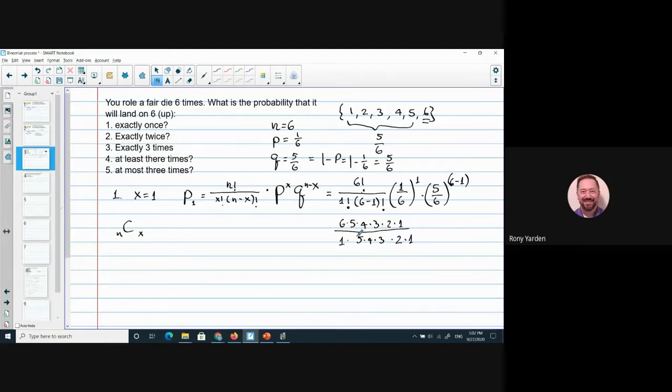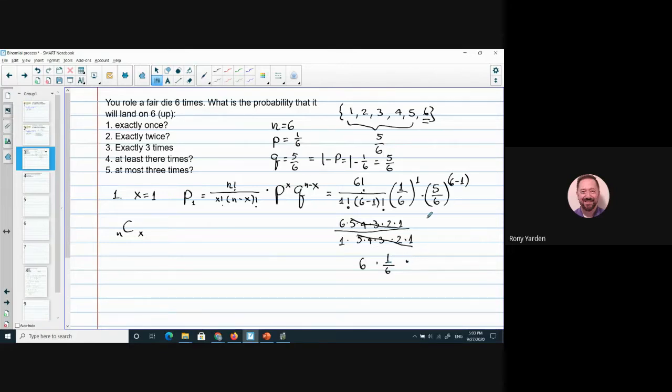So all this expression is reduced or canceled out, and we're left with 6. So let me write it down here, 6 times. Now, 1/6 to the power of 1 is just 1/6. And 6 times 1/6 is 1.